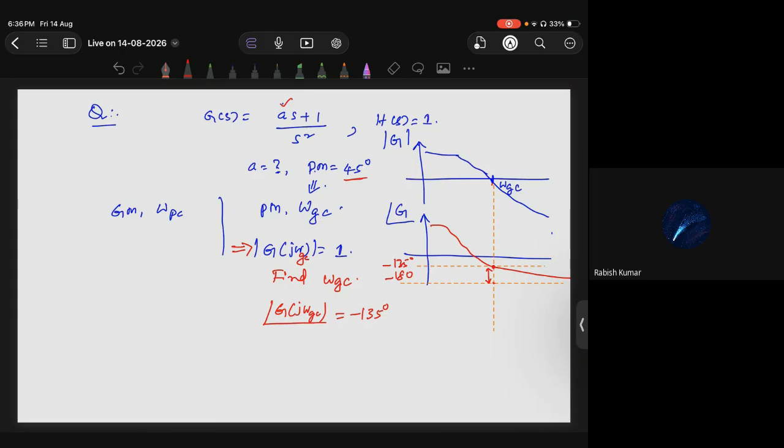That is how you do the calculations. That's why I said gain margin goes with phase crossover frequency, and phase margin goes with gain crossover frequency. You will find gain margin using the phase crossover frequency, and phase margin using the gain crossover frequency.